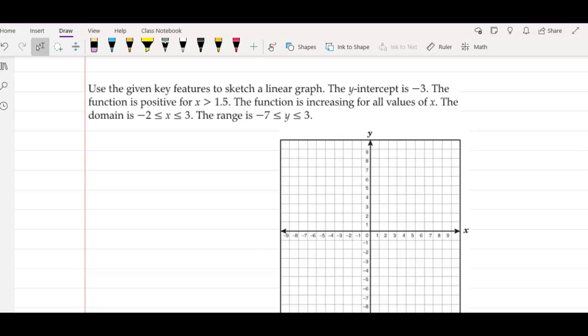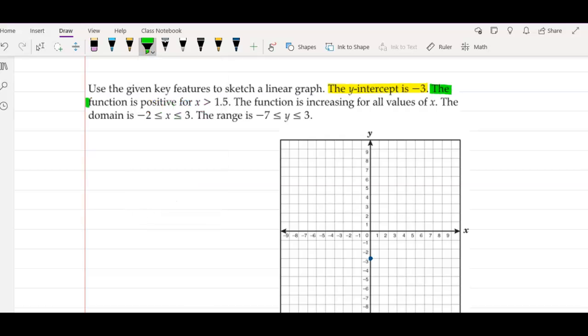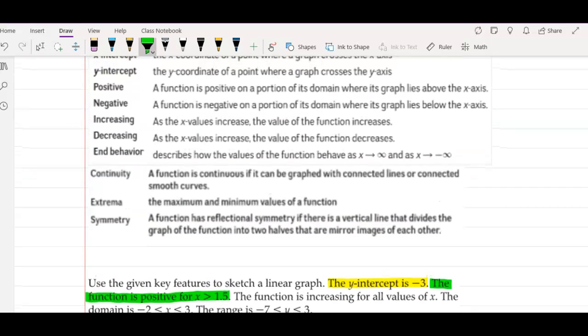The first clue that we are given here is that the y-intercept is negative 3. So when I sketch my graph, I know that I want my y-intercept to be at negative 3. So I'm going to put a point. The next bit of information is that the function is positive for x greater than 1.5. Again, if you forget what that means, look up here.